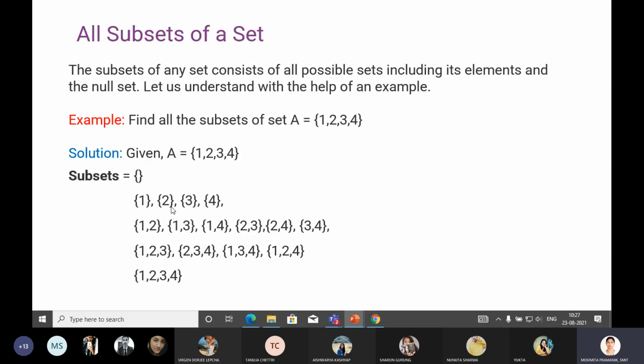Then the subsets with only 1, only 2, only 3 and only 4, or the combinations 1 2, 1 3, 1 4, 2 3, 2 4, 3 4, or the combinations 1 2 3, 1 2 4, 1 3 4 and 2 3 4, and at max it can be the combination of the whole set, 1 2 3 4.